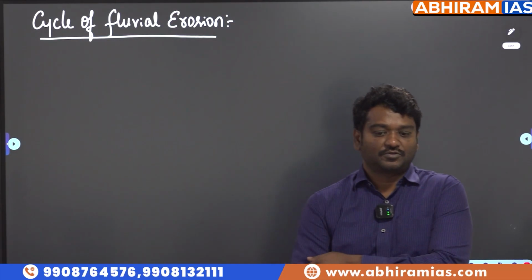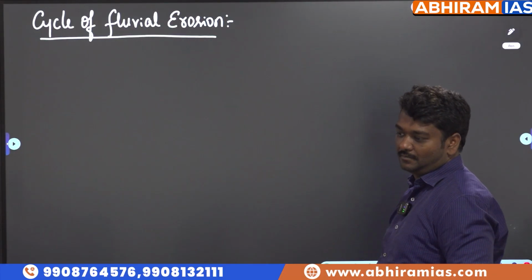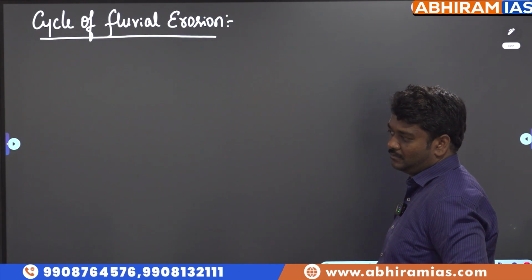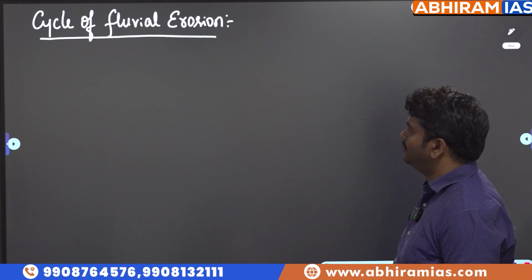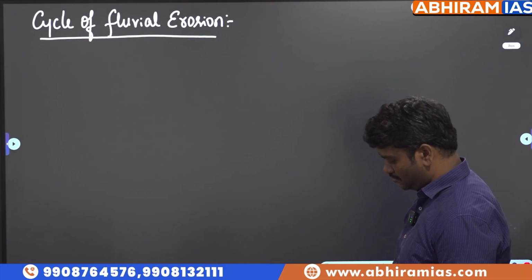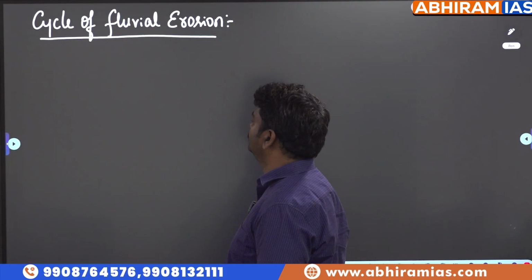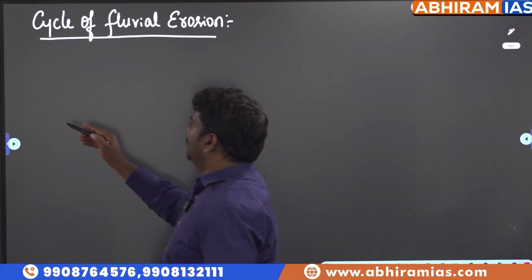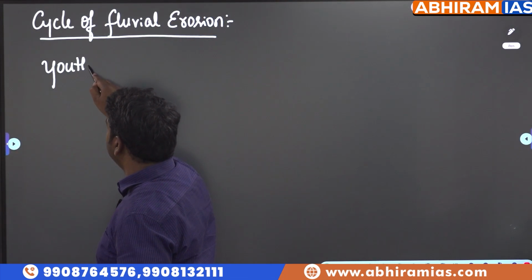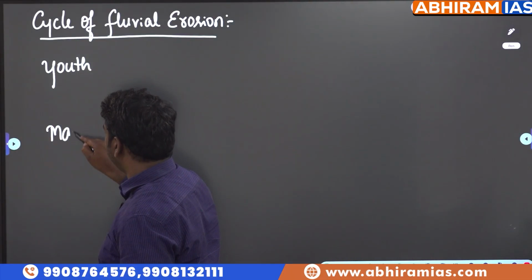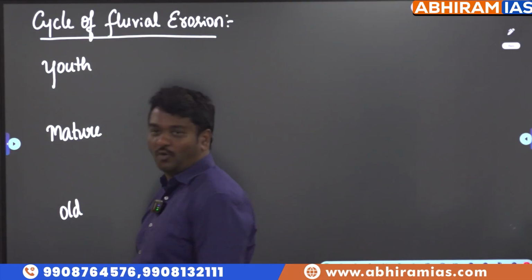Cycle of fluvial erosion. This river is divided into three parts: youth, mature, and old.